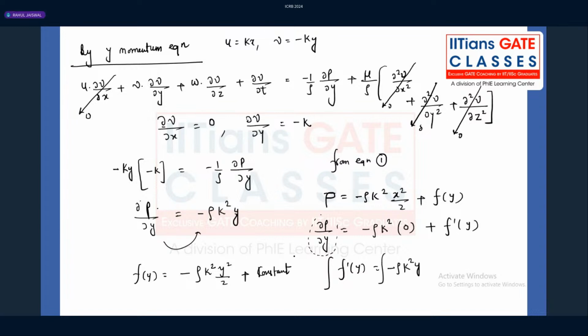Now put that f of y into equation number 1. If you put f of y into this equation, then what you can get, guys? P is equal to minus rho into k square by 2 into x square plus y square plus some constant.